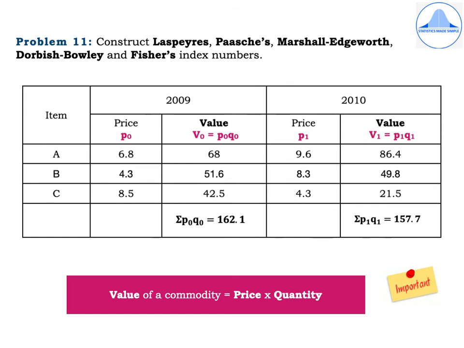Values for 2009 are marked as V0 equal to P0 Q0, and the prices for 2010 are marked as P1, and the values for 2010 are V1 equal to P1 Q1. Then find out summation P0 Q0, which is 162.1, and similarly summation P1 Q1 is equal to 157.7.